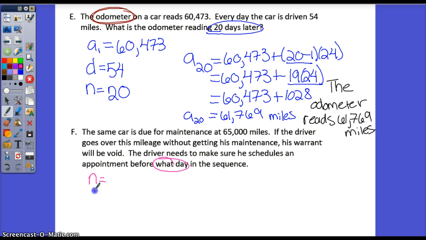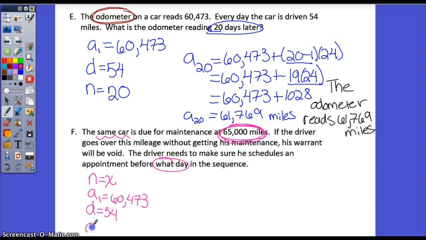We have here a sub 1, d, and n is what we're looking for, so I'm going to call that x. We are using the same car, so we know that the d is still going to be 54. Again, the odometer still reads 60,473. I'm looking for n, but I know that that term is 65,000 miles.